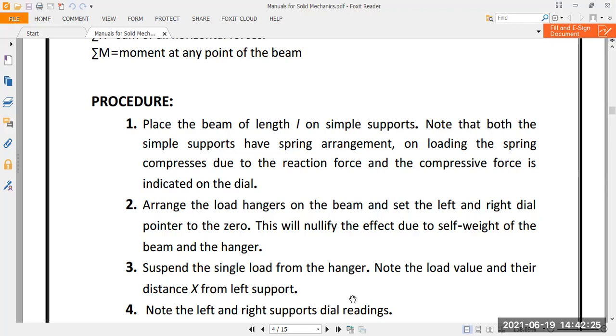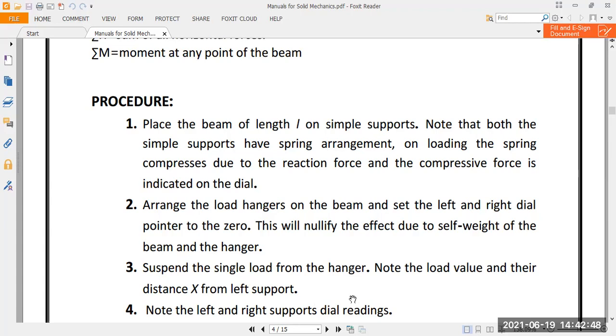First, you have to suspend the prismatic bar over the weighing machine itself, or hang it from a particular known point from the hanging weight weighing measurement, and then we have to make both the readings of the weighing machine equal to 0.